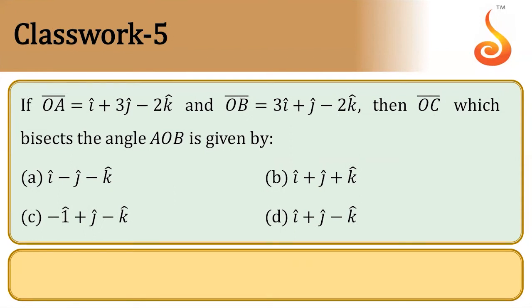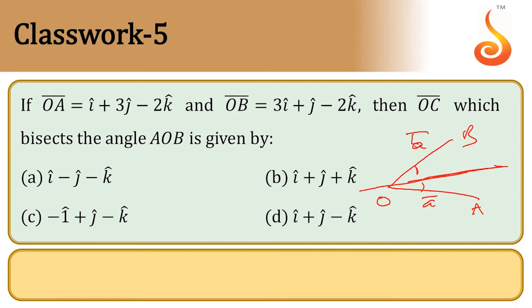Now OA bar and OB bar are given. OC is the bisector of the angle between OA and OB. We have a formula for the angle bisector. This is A bar, and this is B bar.